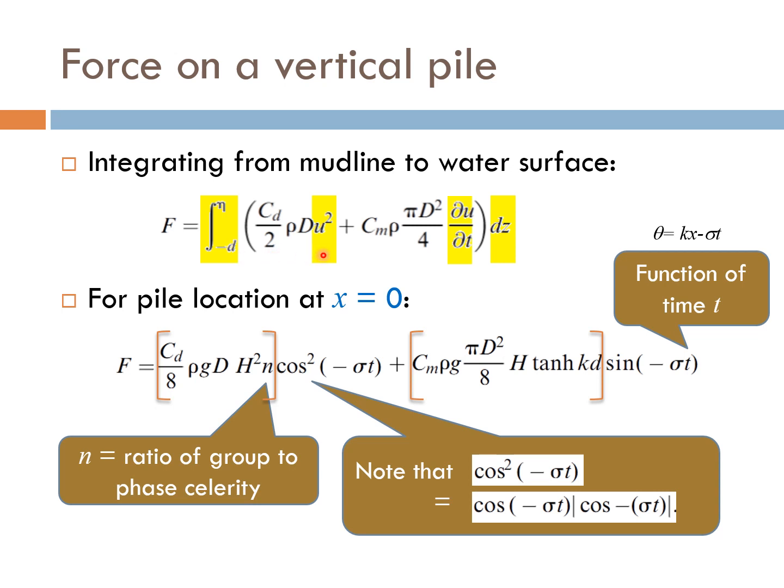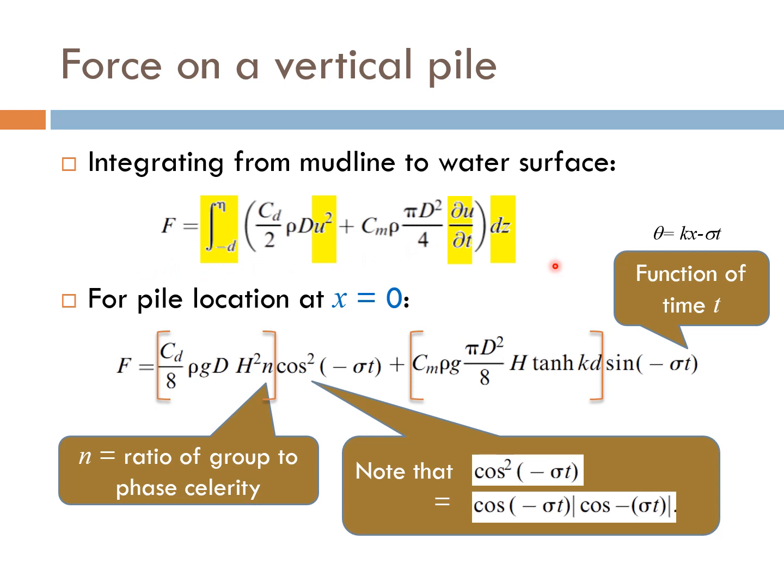We have the first term here, which is the drag force, and the second term here, which is the inertial force. The drag force depends on velocity u, which is a function of z, and the inertial force depends on acceleration, partial u over partial t, which is dependent on z.